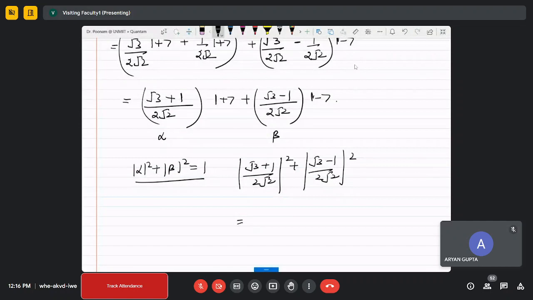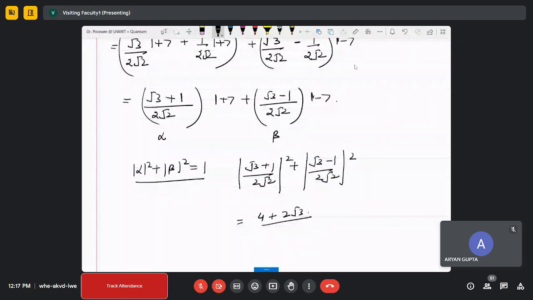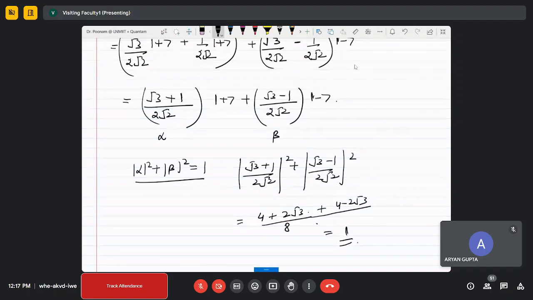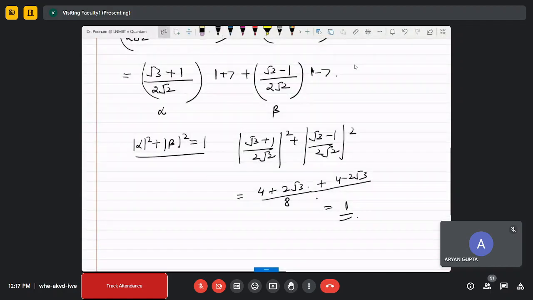So simply it will be 4 plus 2 root 3 divided by 8, plus 4 minus 2 root 3 divided by 8, which is equal to 1. So yes, it's a valid qubit.